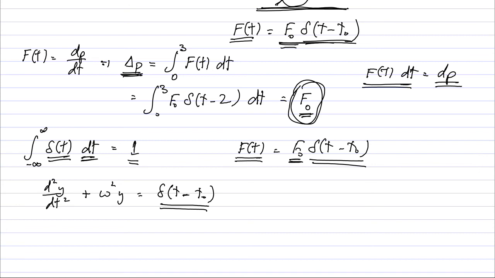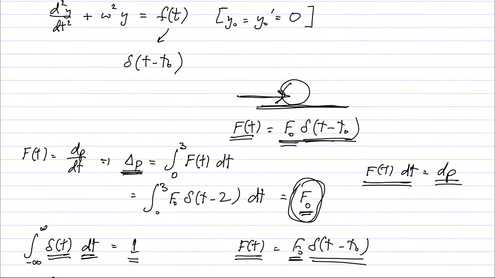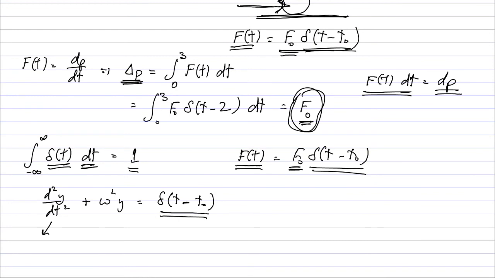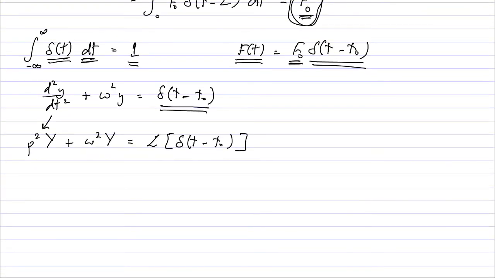When I take the Laplace transform, because of the initial conditions that I have over here, this first term just becomes p squared times capital Y. This becomes omega squared capital Y, and this is the Laplace transform of delta of t minus t naught. To find this Laplace transform, I use the definition of the Laplace transform: the integral of e raised to minus pt times delta of t minus t naught.